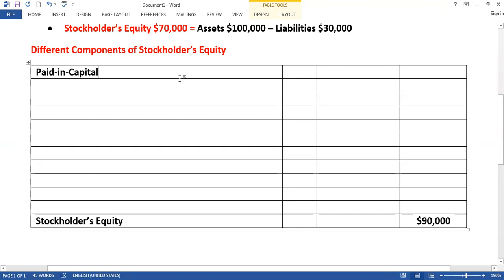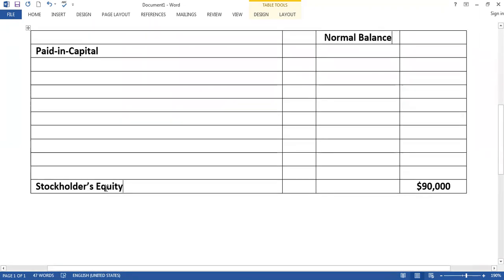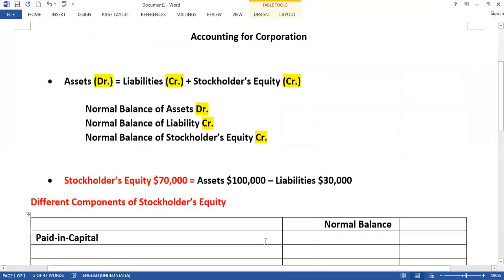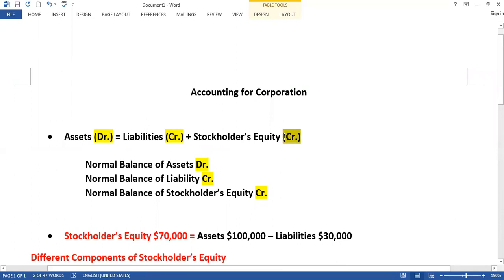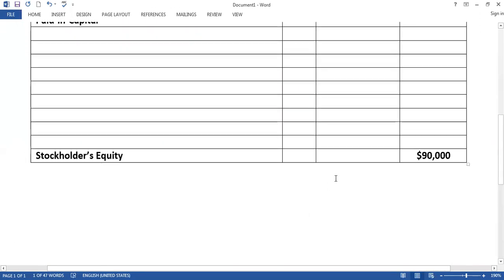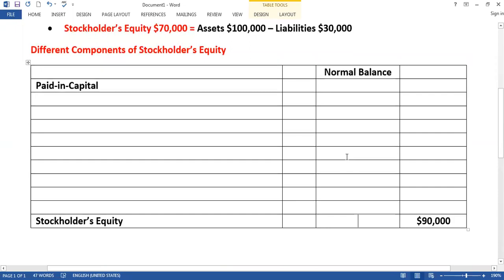And if this column is about the normal balance, what is the normal balance of stockholders' equity? I already mentioned it to you, right? The normal balance of stockholders' equity came from the accounting equation. It is credit.